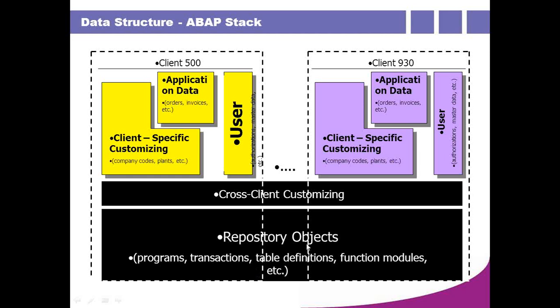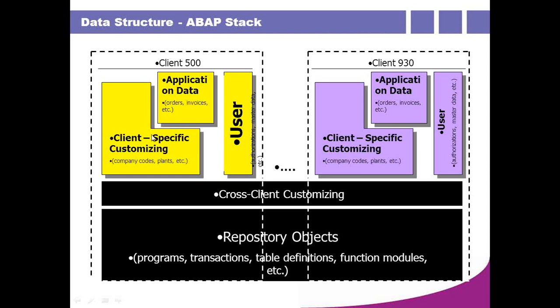And there is only one repository area. On top of that, we have cross-client objects. Cross-client objects are the system-specific customization. This customization is client-specific, and this customization is system-specific. On top of these two only, the client will be in place.